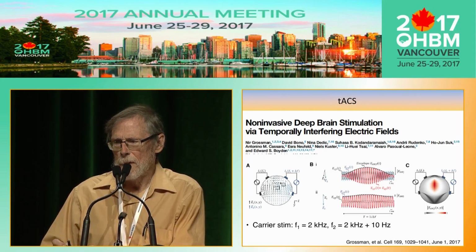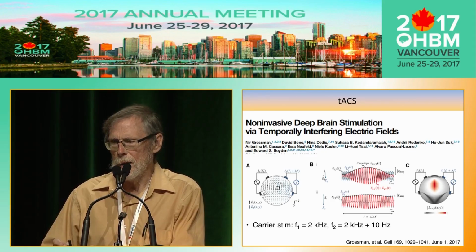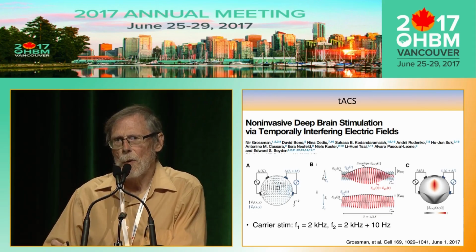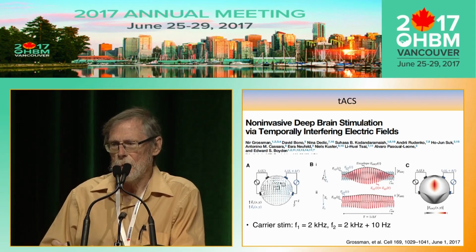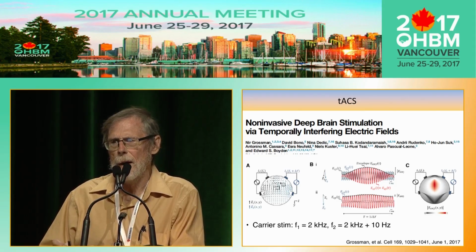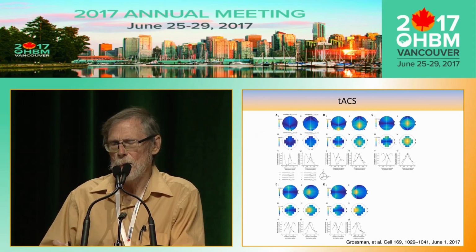The top plot is consistent with the plot on the right, which shows a sweet spot of 10 hertz activity midway between the 2 electrodes, and if you go to one side or the other, that activity goes away. So by using temporal interference, this Boyden group demonstrated a steerability, because by changing the current ratio between the left and right, or changing where they are, you could steer the sweet spot around and thereby have a way of targeting.